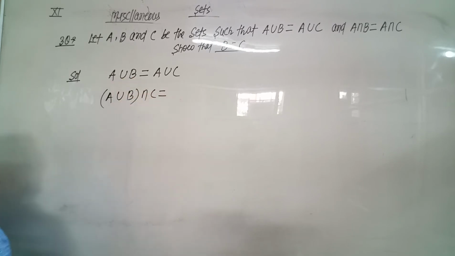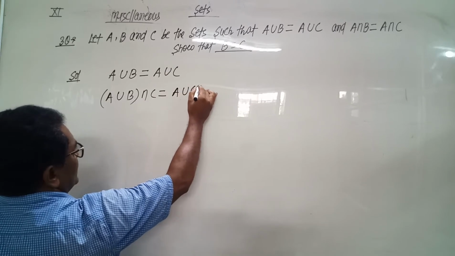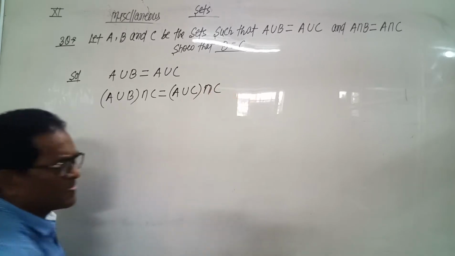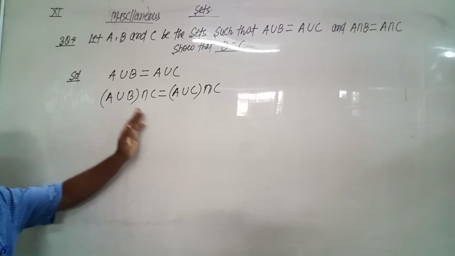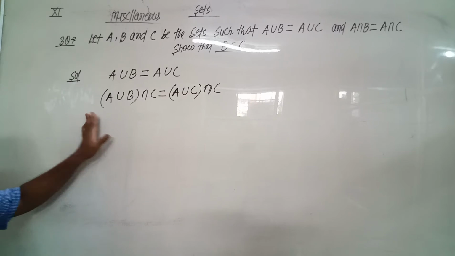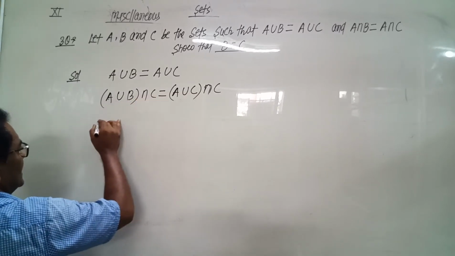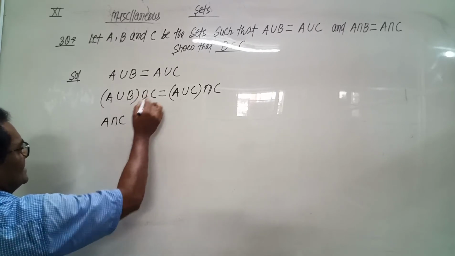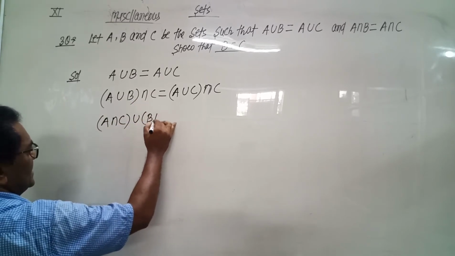So (A union B) intersection C equals (A union C) intersection C. On the left side we use the distributive law, which says this can be written as (A intersection C) union (B intersection C).